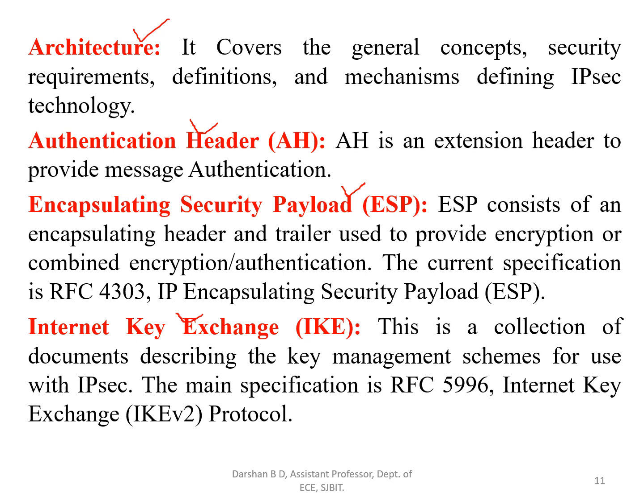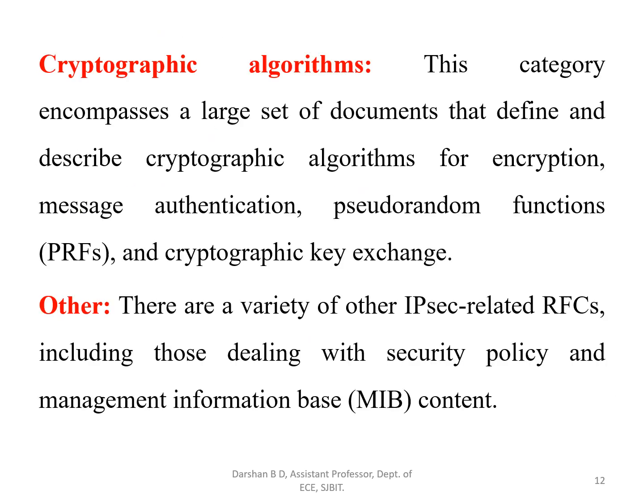Internet Key Exchange is the collection of documents describing the key management scheme for use with IP security. The cryptographic algorithms category encompasses a large set of documents defining and describing the cryptographic algorithms for encryption, message authentication, pseudo-random functions, and cryptographic key exchange.